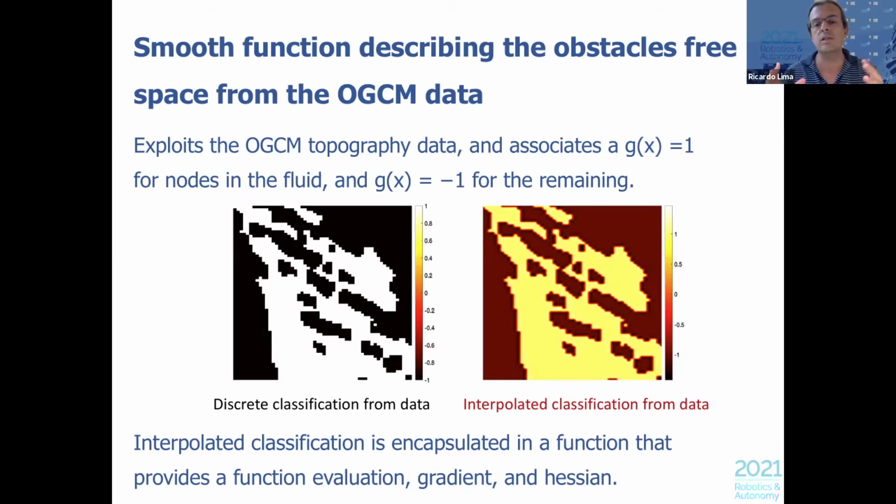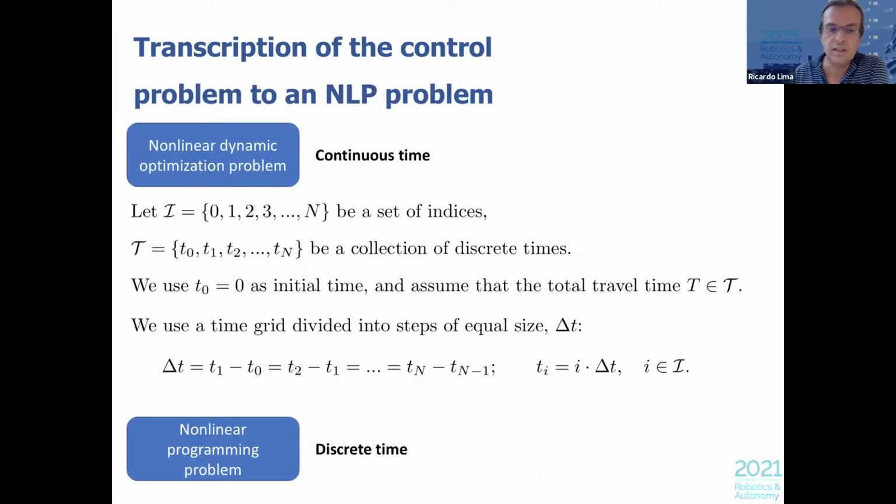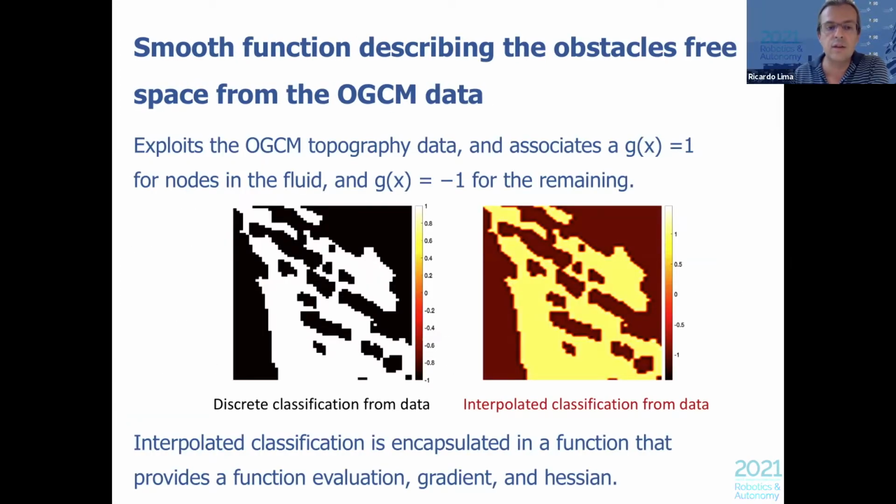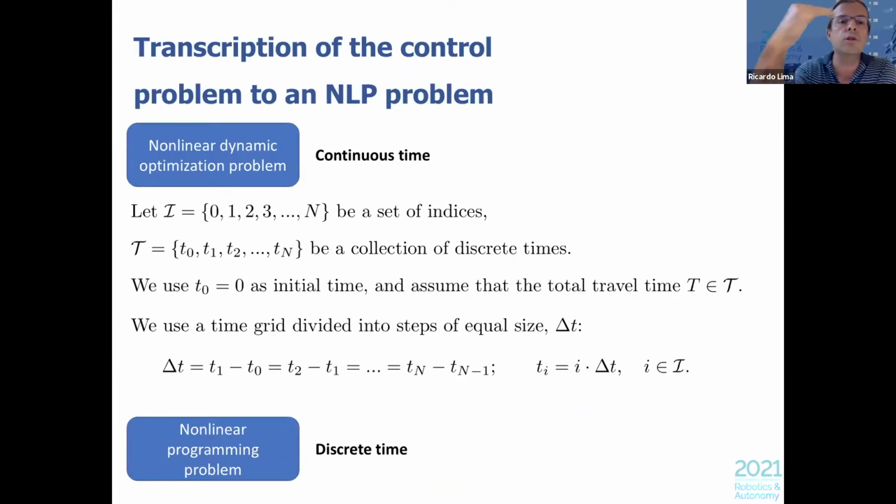So what we did was we interpolated all the values between the 1 and -1 to get a function like what is here on the right, where you see that the -1 is this kind of reddish and 1 now is this kind of yellow. So in fact, we have a continuous and smooth function between the fluid and the land or the obstacles.